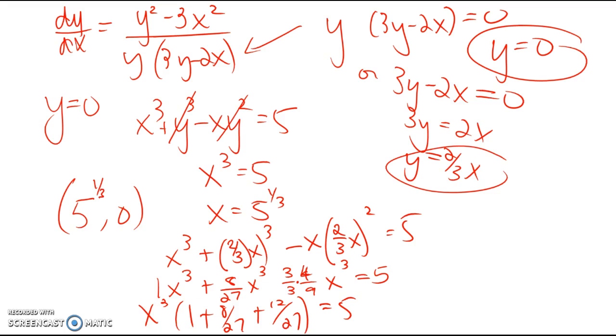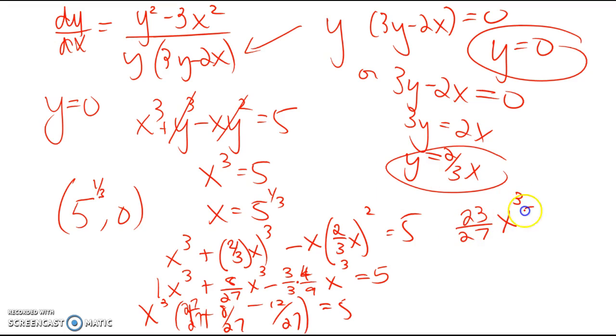Oh, I'm subtracting. I am so sorry. That's a subtract. So 27 plus 8, right? This is 27 over 27 is 35 minus 12 is 23. So we have 23 over 27.